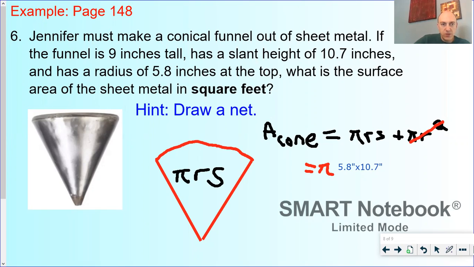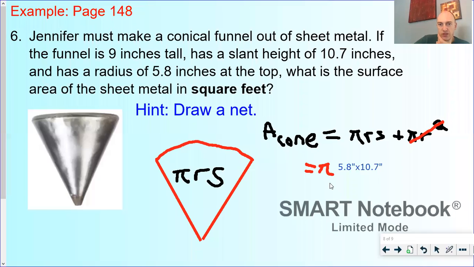Pi times r of 5.8 times the slant height of 10.7, and we get an answer of 194.96. Again, no decimals. We do have one decimal in the question, but you could put it to one decimal place if you wanted to.